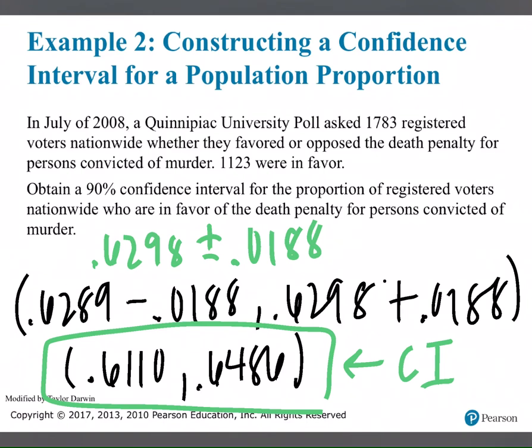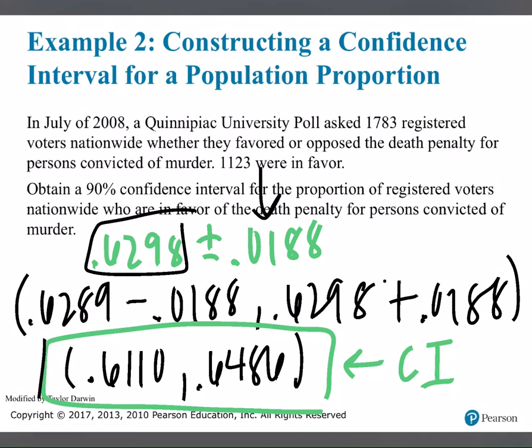So it's based on this proportion, plus or minus the margin of error, that give or take. So I know that basically I can be confident that 90% of the time I will get an answer anywhere from 0.6110 to 0.6486. Let's say I asked another 2,000 people and I did this again.